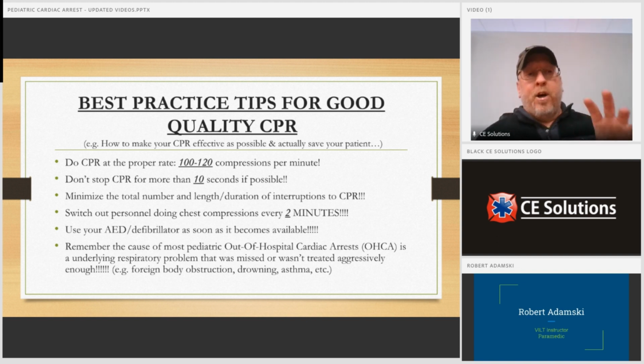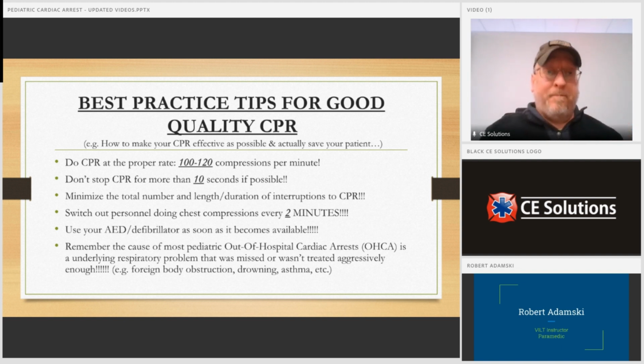So the take home message is once you start CPR, you want to minimize your interruptions. And 80% of your time should be spent thumping on that chest, people. That's the take home message.